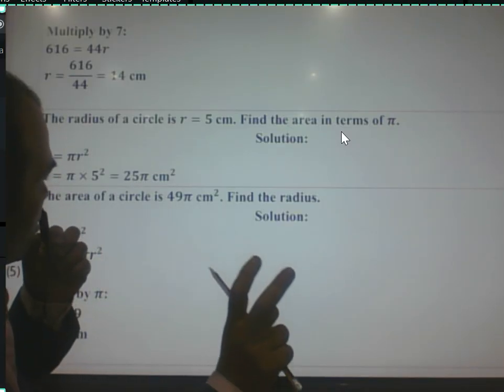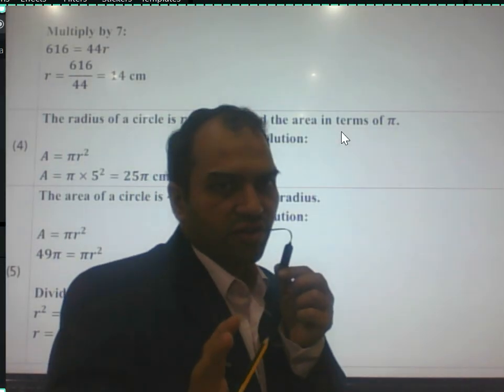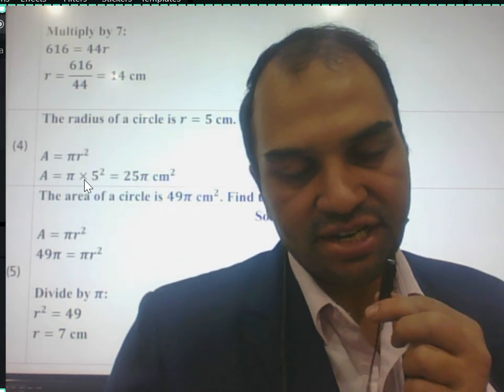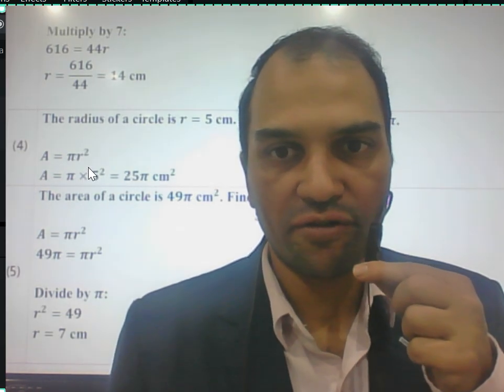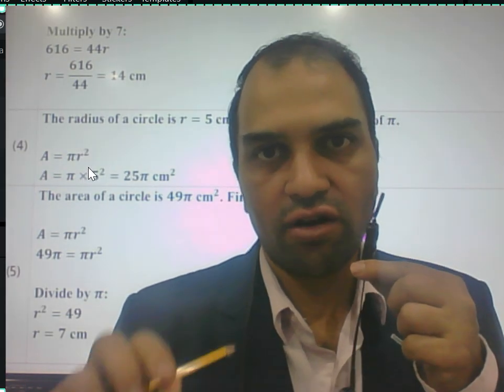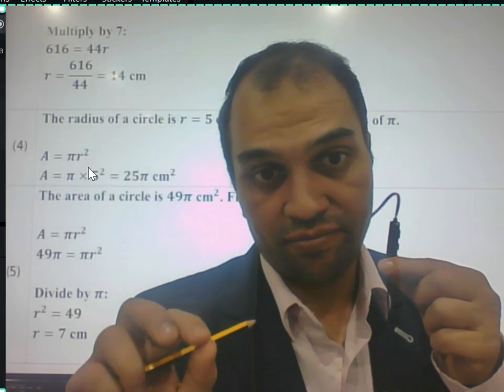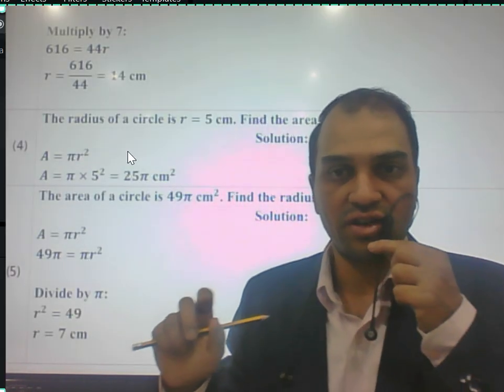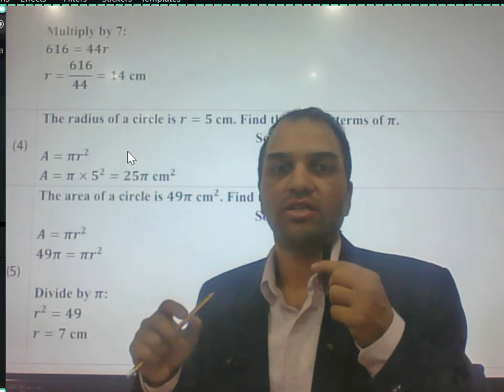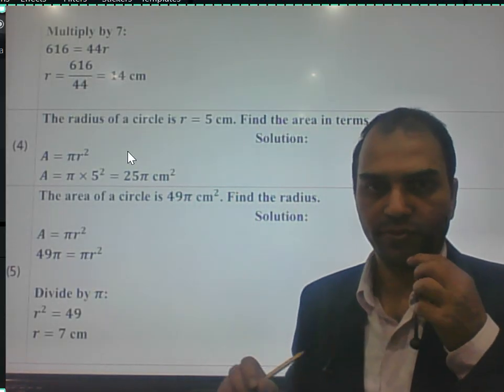So the result, don't use pi equal 22/7, right? Pi stays as it is: pi times r power 2 with the radius here being 5. 5 power 2 is 25. Because r equals 5 centimeters, then 5 times 5 is 25. Then the result will be 25 times pi.